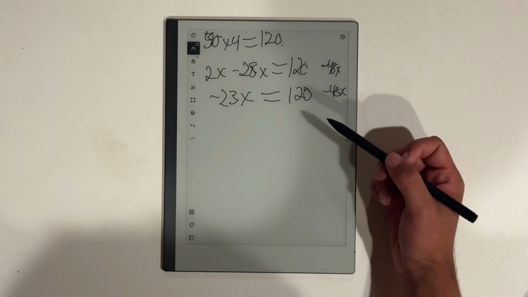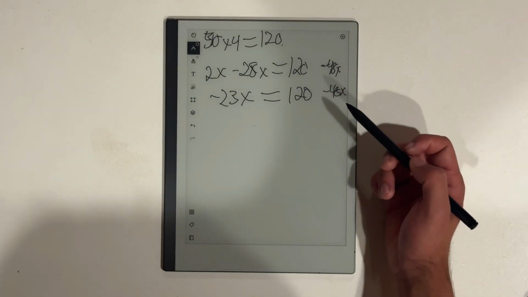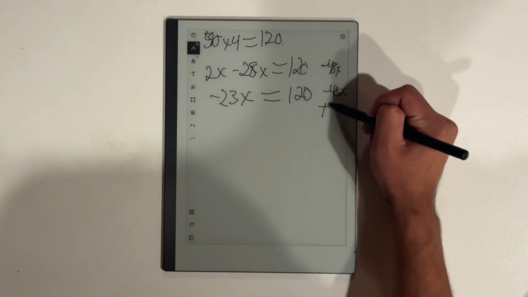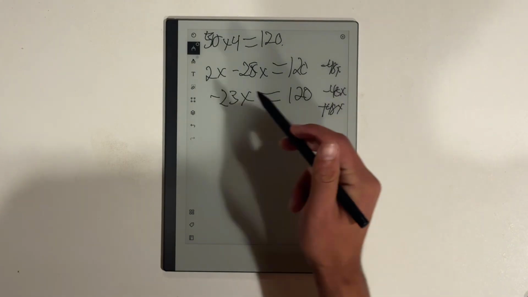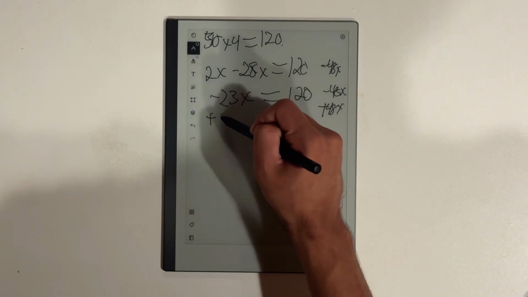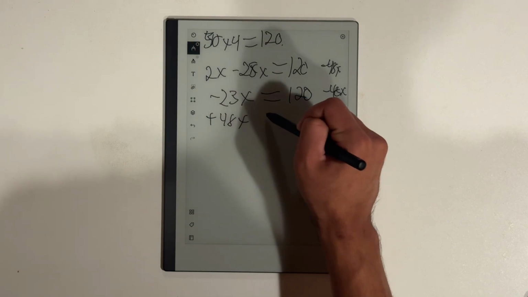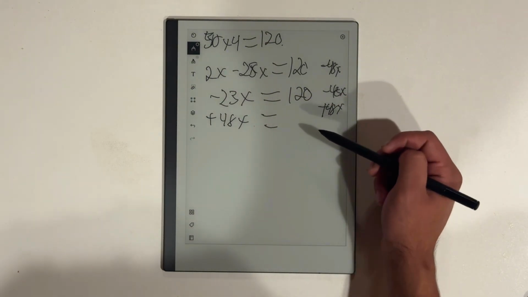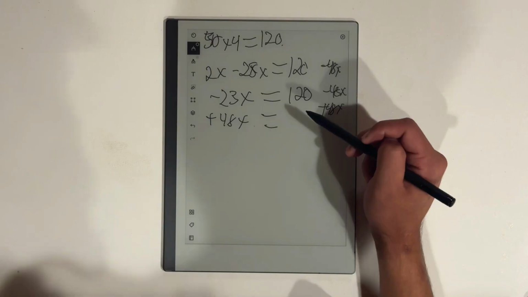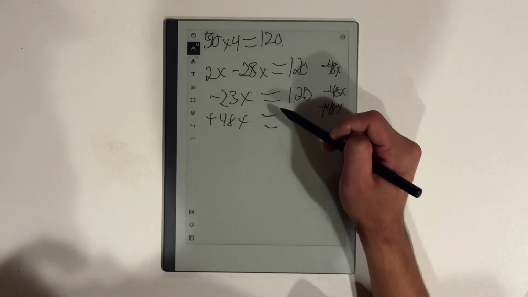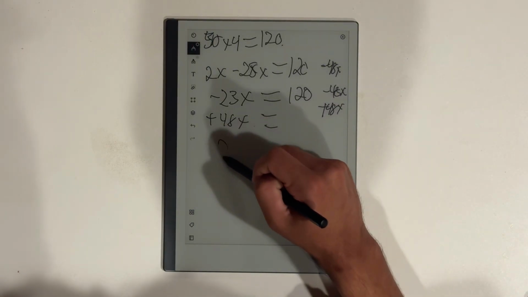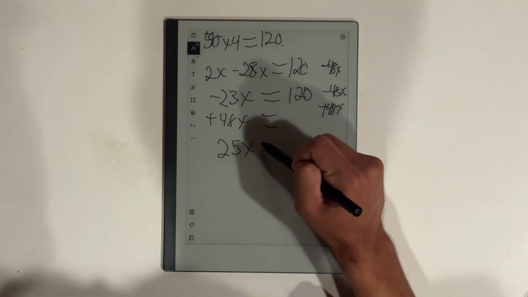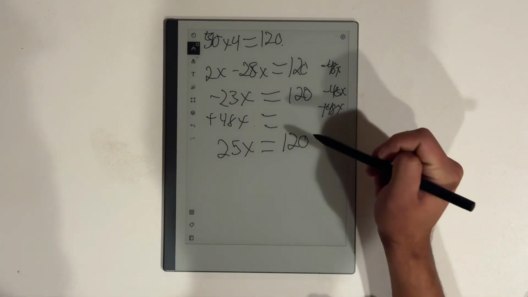So now you are going to add 48x to both sides. So this is going to be 25x equals 120.